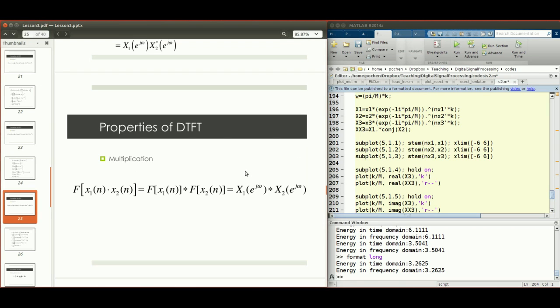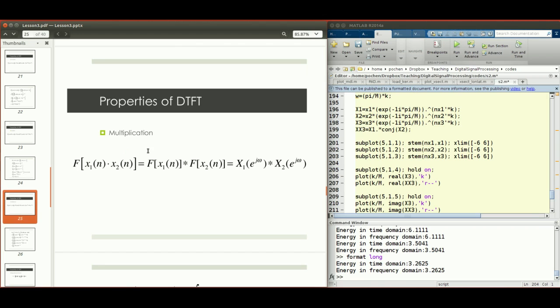Now let's look at another property, that's multiplication. If the Fourier transform of a convolution equals multiplication in the Fourier domain, then what's the Fourier transform of multiplication in the time domain? Here we are just multiplying two signals together, and then doing a Fourier transform of the product of these two signals.